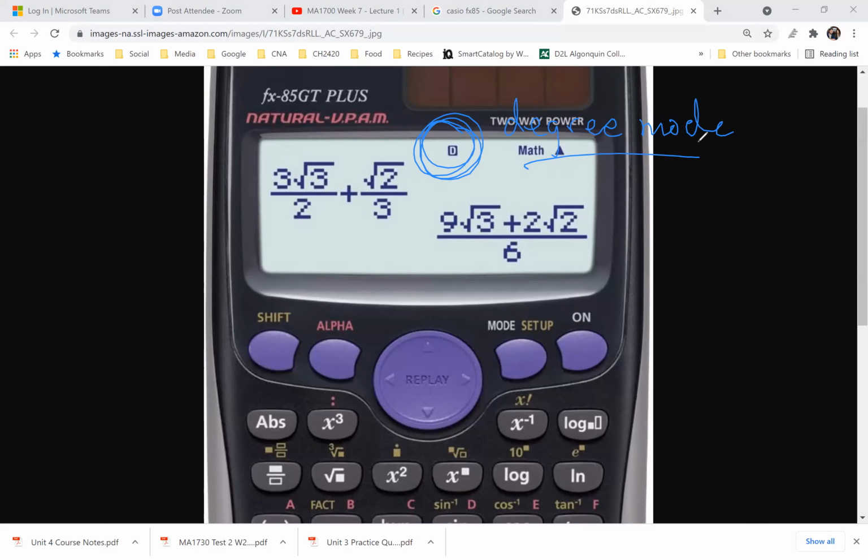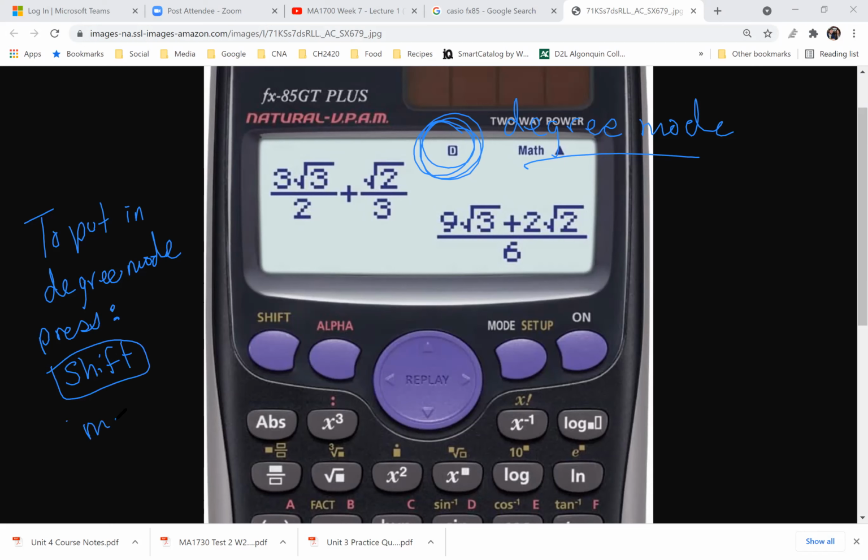If there is no D, if you don't see the letter D, you are not in degree mode, which means you have to set up your calculator. To put it in degree mode, you would press Shift and Mode.